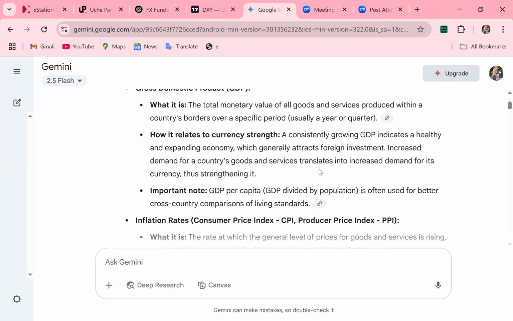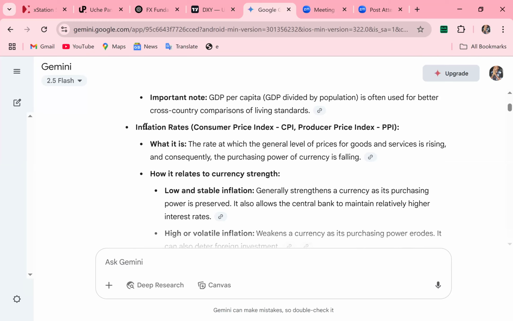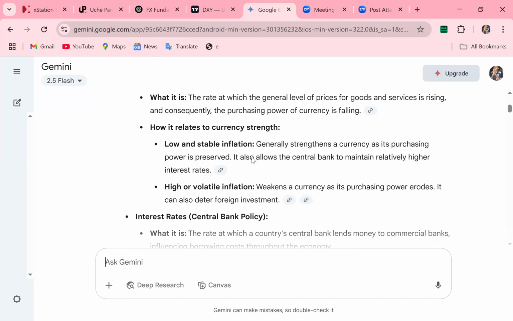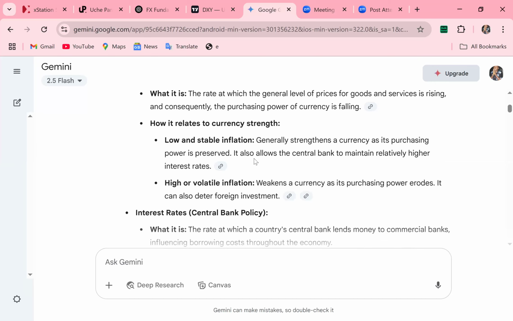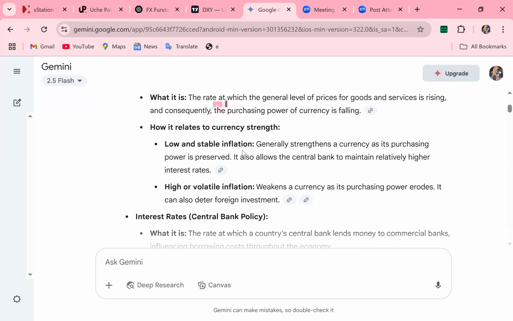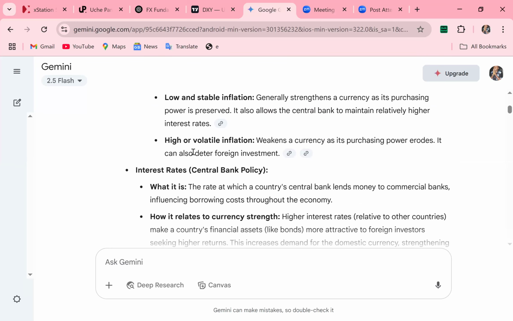Now we'll talk about GDP per capita, which is often used for better cross-country comparison. But let me give you a very quick breakdown. The same thing applies to inflation, consumer price index (CPI), and PPI, and how you can compare them: low and stable inflation versus high and volatile inflation.